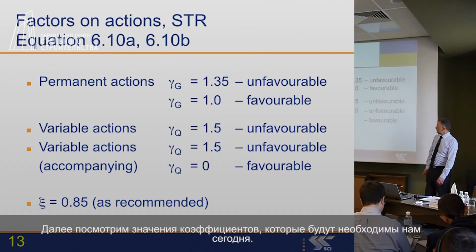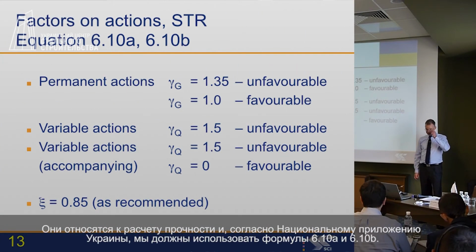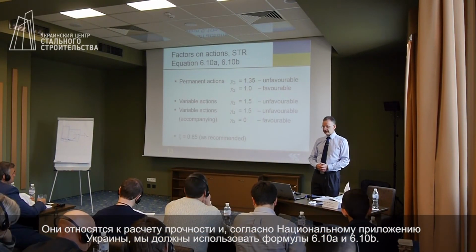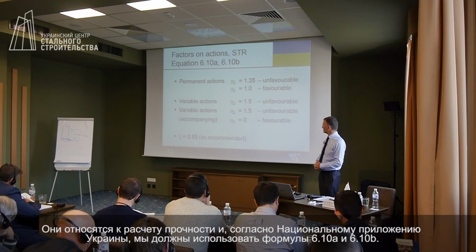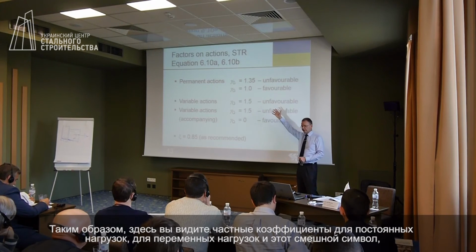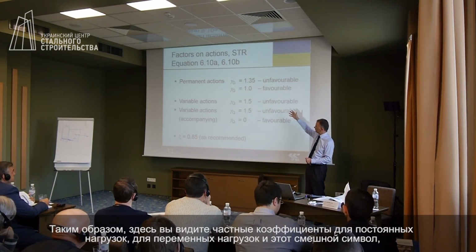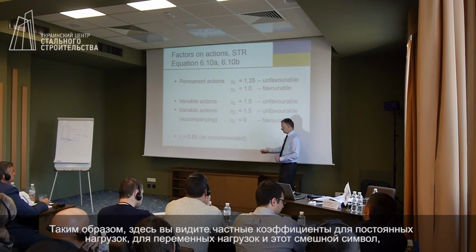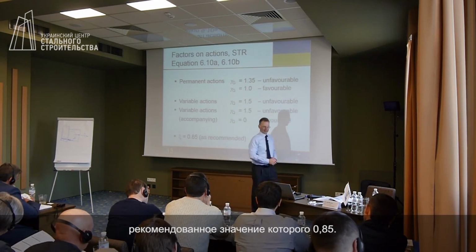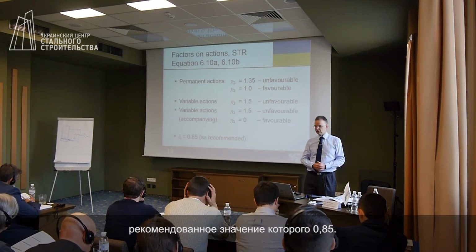Here are the values for the one that we are interested in, because we are considering strength at this moment in time, and the UK National Annex says you must use 610A and 610B. So here you see the partial factors for permanent actions, for variable actions, and for this funny symbol where the UK National Annex takes the recommended value of 0.85.